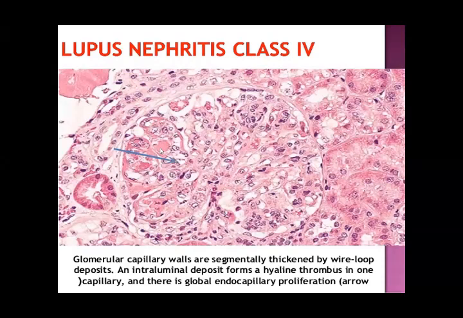So you will see thrombi, global proliferation, and thickening of the capillary loops. Thickening of the capillary loops is called wire loop. There is thrombosis in some of the capillaries, called hyaline thrombosis, wire loop thickening of the whole capillary wall, and intraluminal deposits.